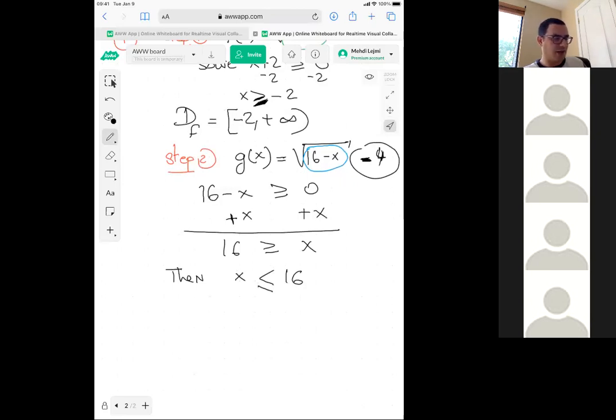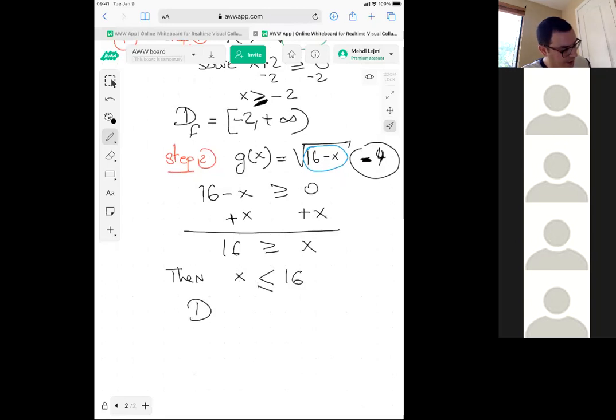So that's why I have just to solve this 16 minus x larger or equal to 0. Yes, that's because of the rule. The rule says you don't care about what's outside the square root. You only have to solve what's under the square root, larger or equal to 0. And so your x is less than or equal to 16.